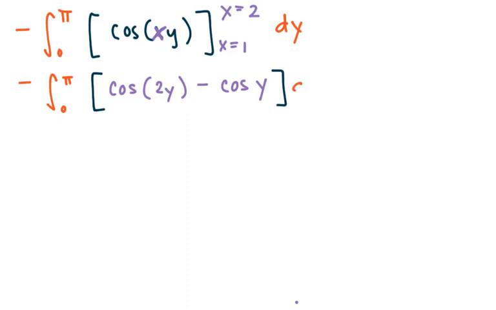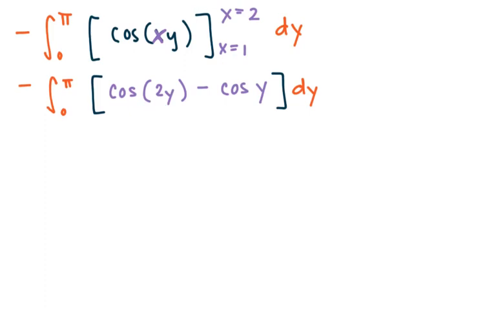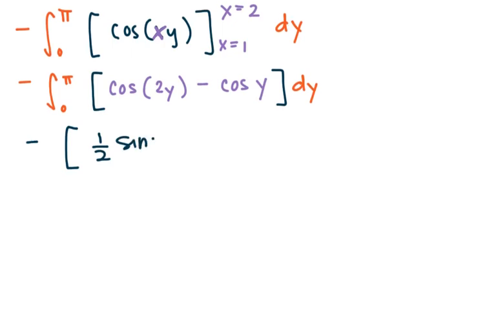So now we need to integrate this with respect to y. We have the integral of a sum, which is the sum of the integrals, so I can just integrate each term. That is negative the integral of cosine 2y, which is 1/2 sine of 2y, minus sine of y.